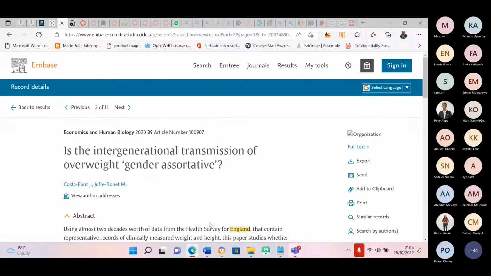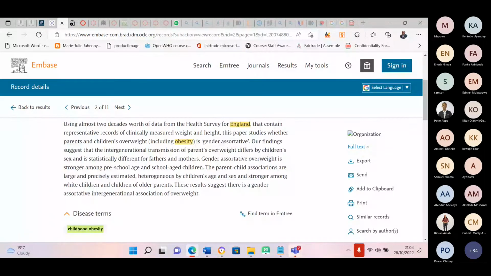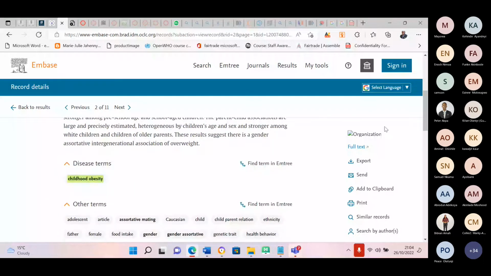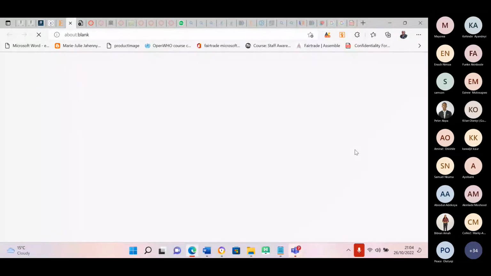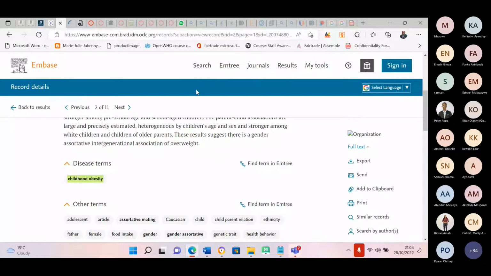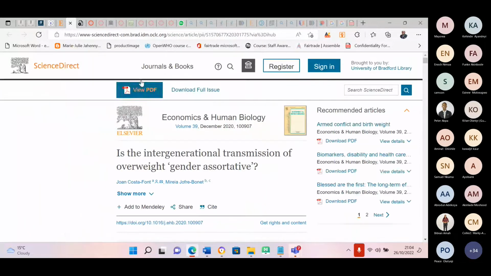This one I can't. Let me see what I can download. This one, full text. Let's see if I can download it. So by the time you screen by abstracts, out of the 10 that you have, I can get access to them.